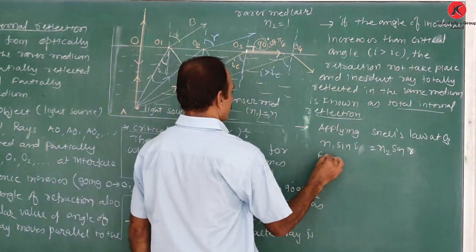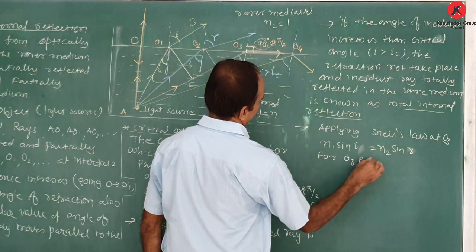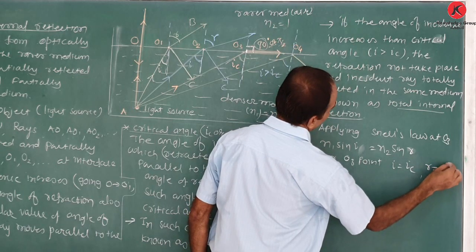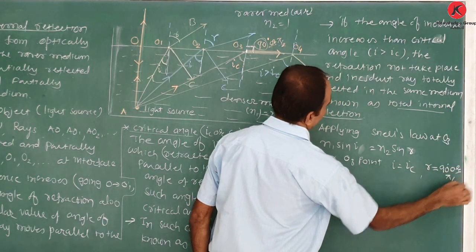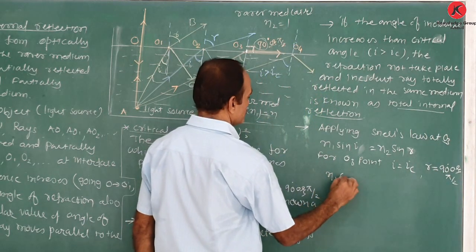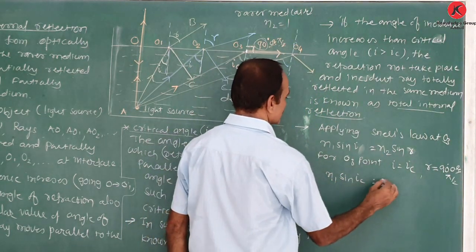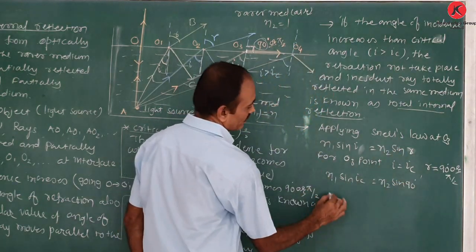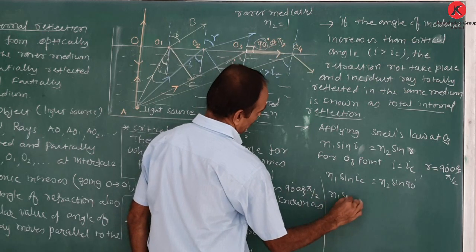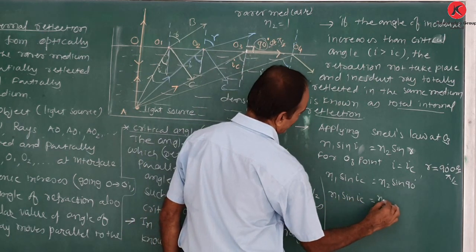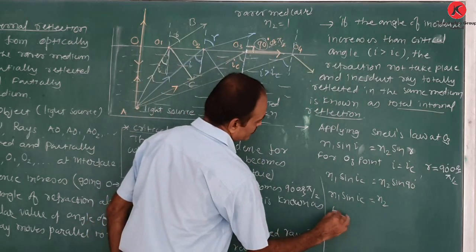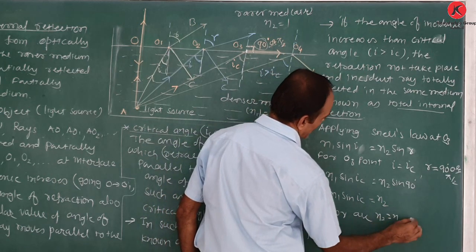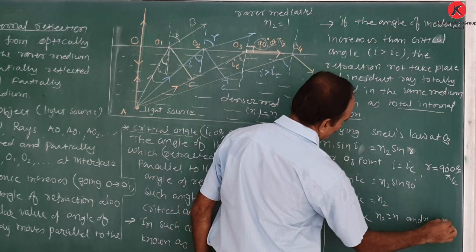For the O3 point, I is equal to IC, then R becomes 90 or pi by 2. Therefore, N1 sine IC is equal to N2 sine 90. Sine 90 is 1, therefore N1 sine IC is equal to only N2. For the air medium, N2 is equal to 1 and N1 is equal to n.